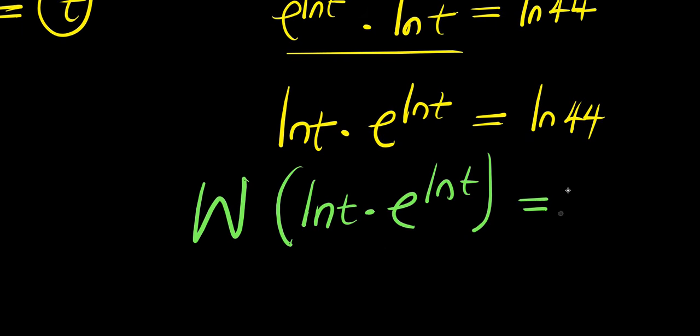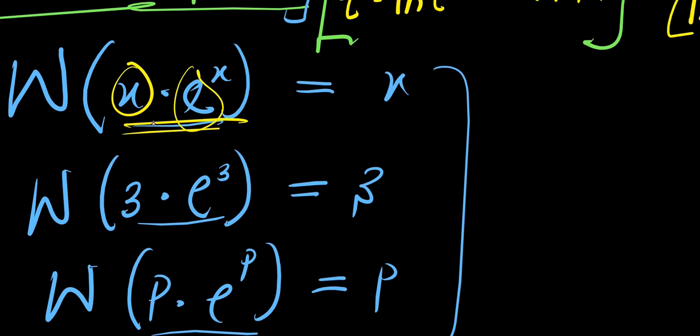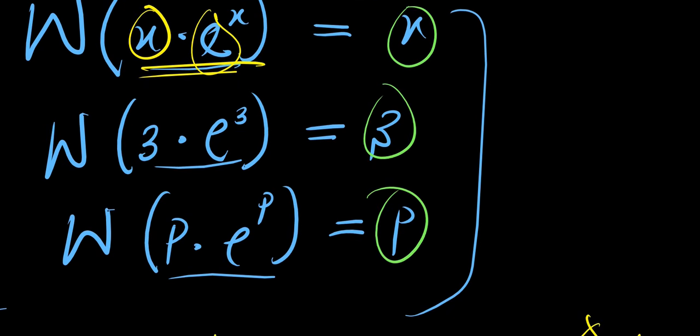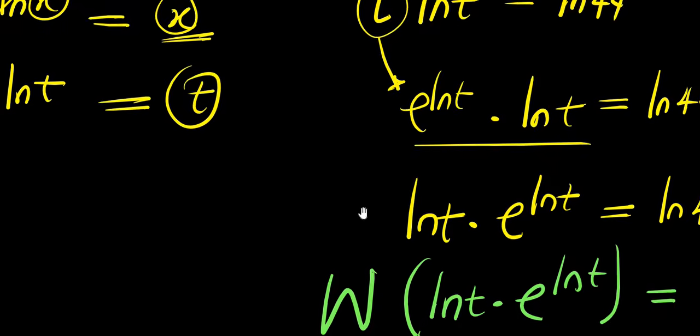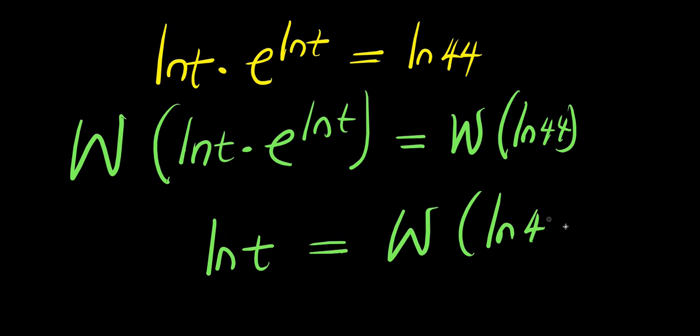If we apply it here, you need to also apply it here. And from this particular identity that I said, if you have Lambert W function of x times e power x, you have x. Lambert W function of 3 times e power 3, you have 3. Lambert W function of p times e power p, you have p. So the Lambert W function of ln t times e power ln t, we have ln t here, equals the Lambert W function of ln 44.